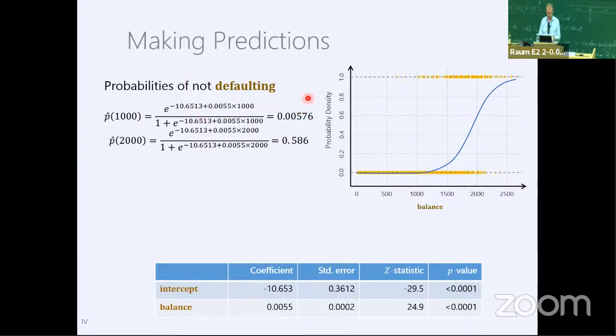We plug this in, and what we get is that at a current debt of €1,000, the model says that you have a 0.00567 probability of defaulting. So you're pretty safe as an investment. If you have already borrowed 2,000, then it looks a bit more bleak. I'm not going to give anybody money who already borrowed 2,000, or at least that might not be so smart, depending on how much risk you want to take.